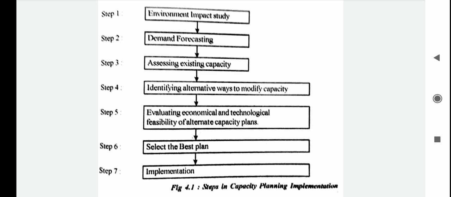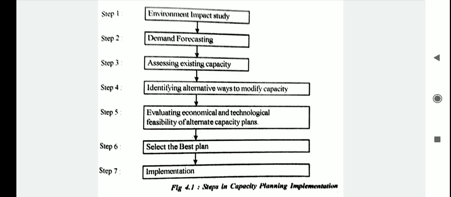The various steps involved in capacity planning can be seen in this chart, or block diagram. The first step is that before commencing any capacity, the impact of the working of the plant on the environment is studied thoroughly.